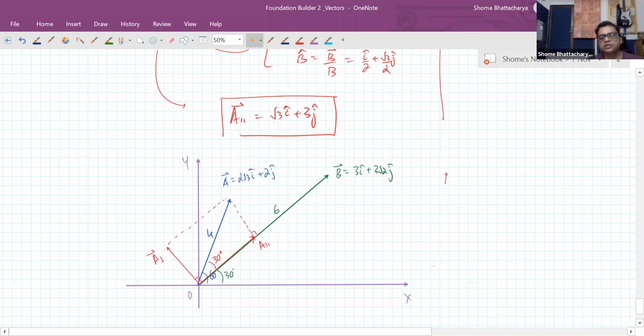So that way it is quite easy to understand that A parallel will become 4 cos 30 into this unit vector, so that is cos 30 I cap plus sin 30 j cap. So that is 2 root 3 into root 3 by 2 I cap plus 1 by 2 j cap. That is how it becomes 3 I cap plus 3 j cap.